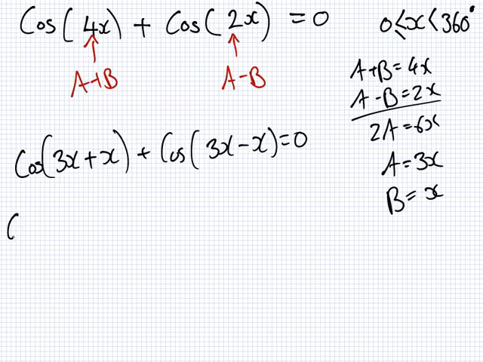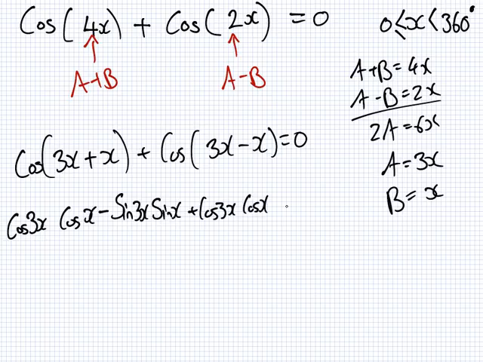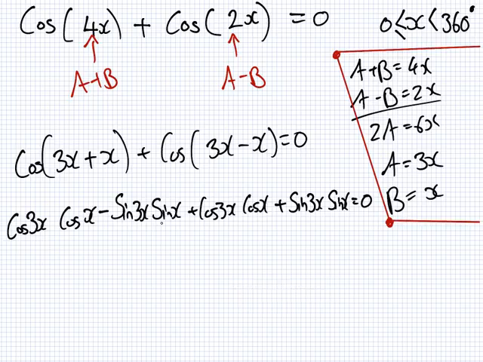So if you remember, this is cos A cos B minus sin A sin B, plus cos A cos B plus sin A sin B equals 0. This is like on the side here. Why is that useful? Well, I can cancel this with this.